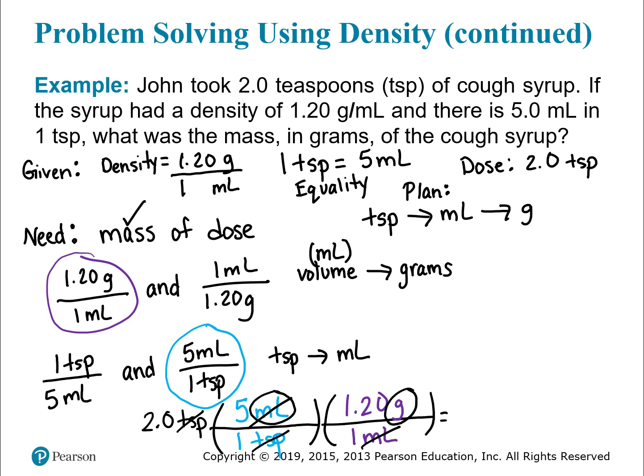So we should be good to go. Now you can touch your calculator. You're going to do 2 times 5 times 1.2. Your calculator is going to tell you 24. But that doesn't give us units, and it certainly doesn't give us sig figs.